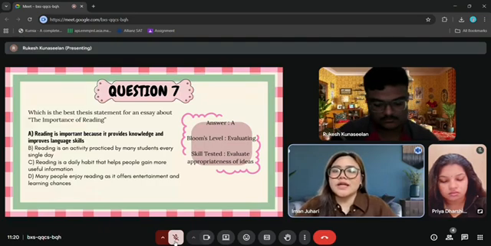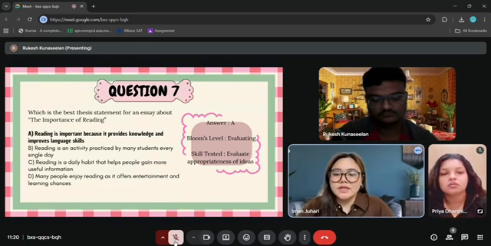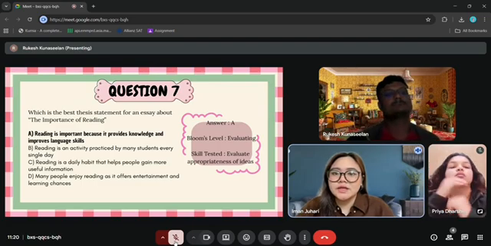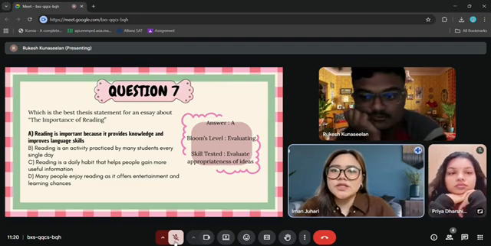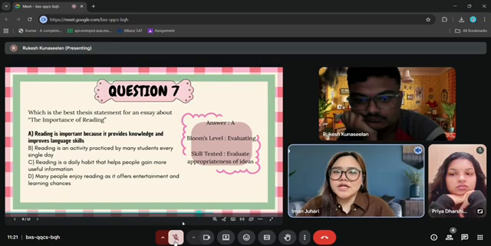The questions that I have decided to use to explain are question 7, 11, and 18. So now I'm going to explain question 7. Which is the best thesis statement for an essay about the importance of reading? A. Reading is important because it provides knowledge and improves language skills.